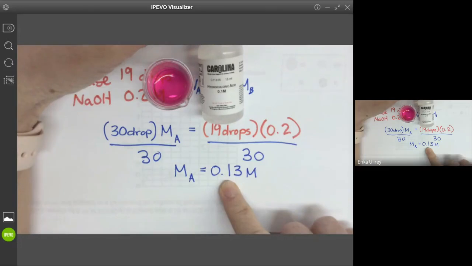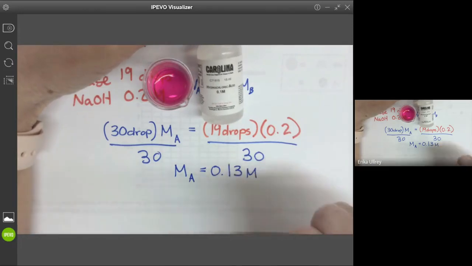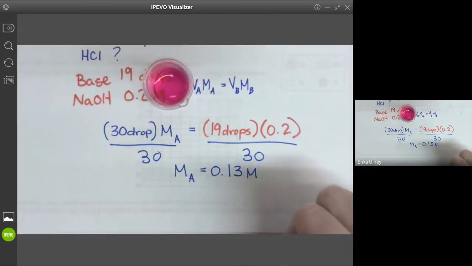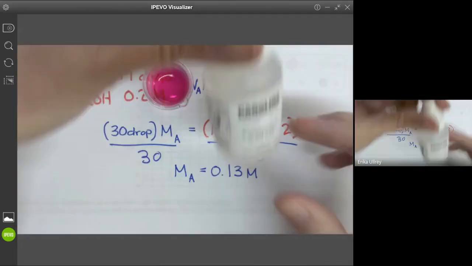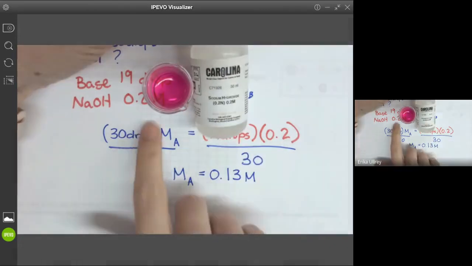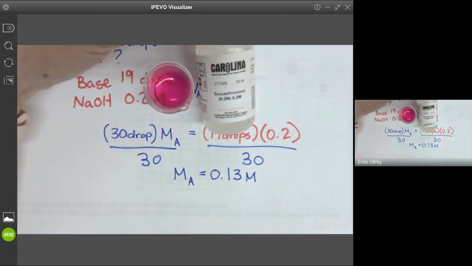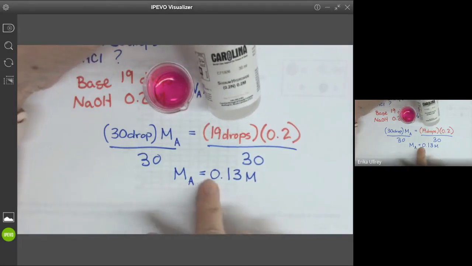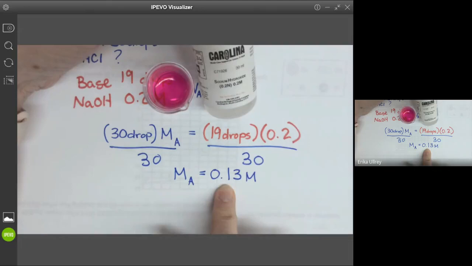So what I just did on a really, really tiny scale is what's called a titration, okay? I knew the concentration of my NaOH was 0.2. I could see how much I needed to get to the point where I got the color change. And then I could do my calculation to figure out my molarity of acid.